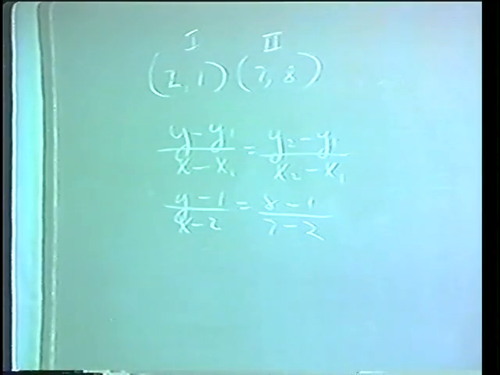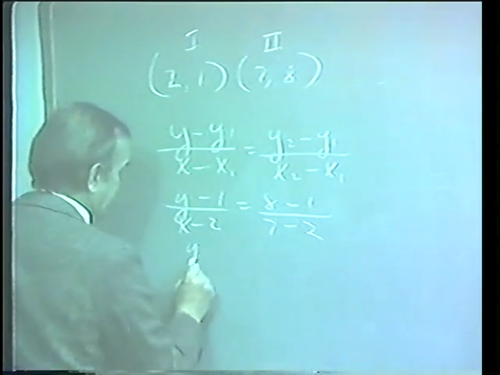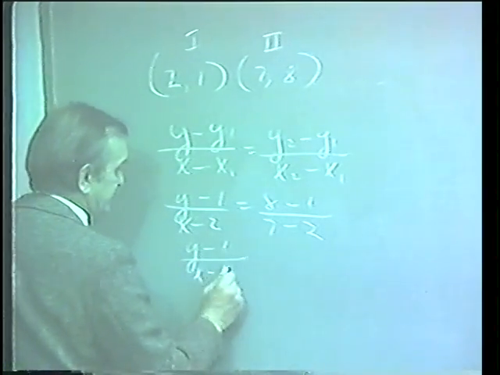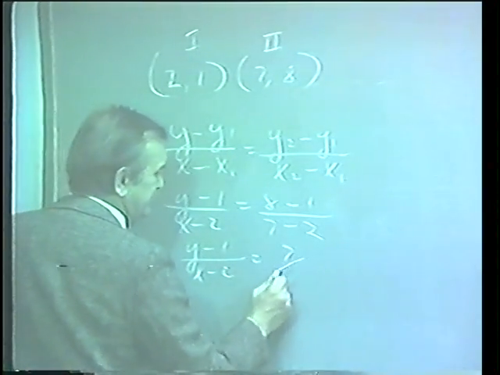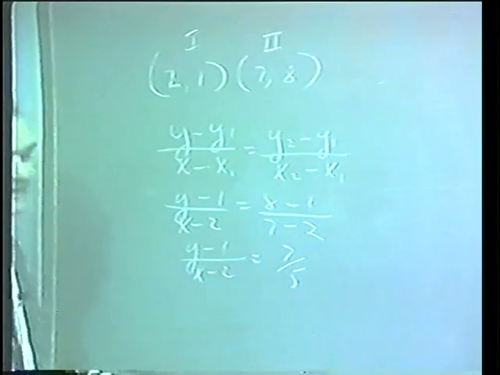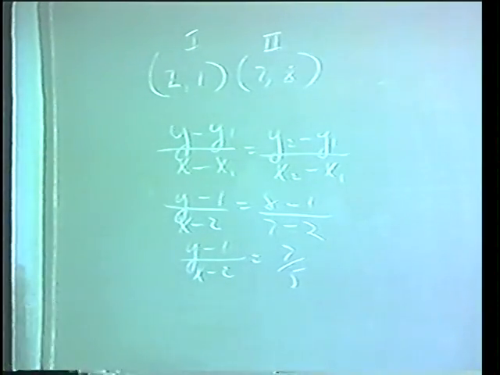All I did was replace x1, y1, x2, y2 with their values. We now clean up the right side. We have y minus 1 over x minus 2 is equal to 7/5. We now want to get this in general form. By general form, we mean ax plus by equals c.